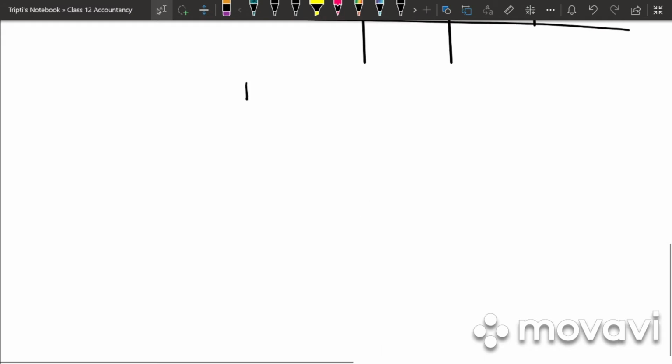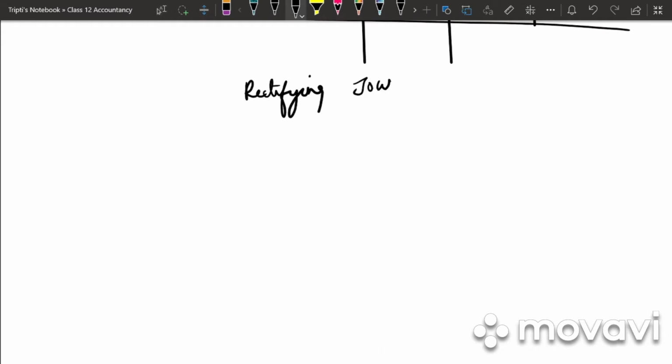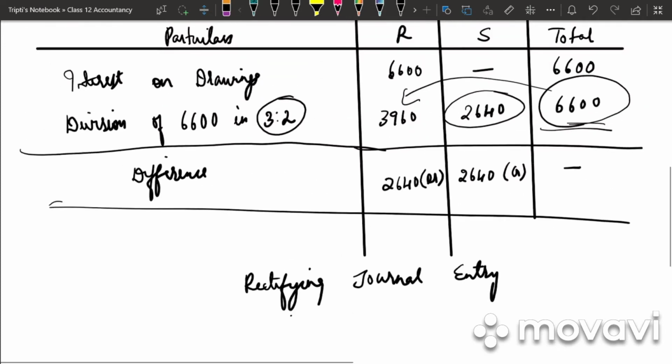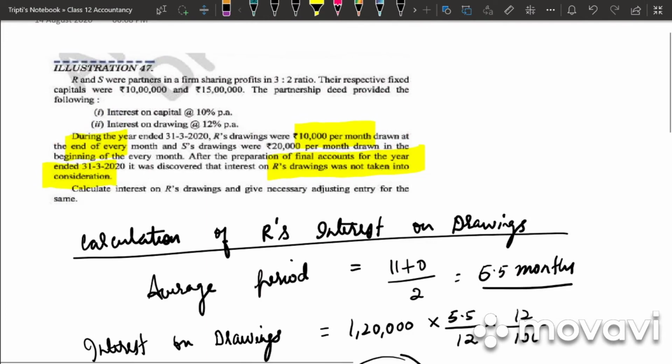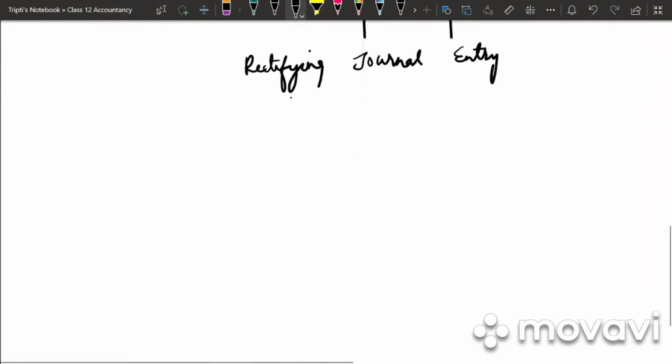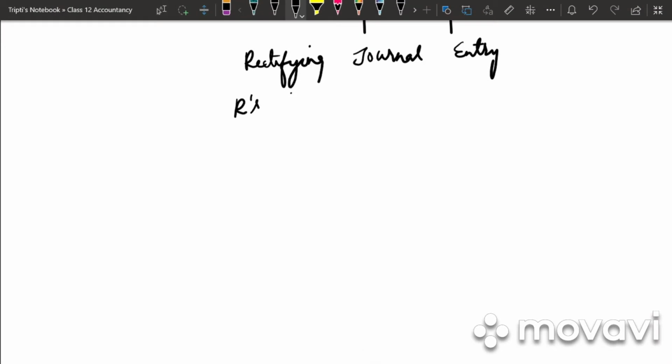So the last thing we should write is rectifying journal entry. Whether the accounts were fixed or fluctuating, it is said that it was fixed capital account. So we will have R's current account debited to S's current account.